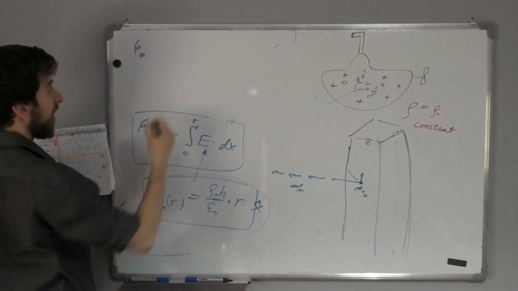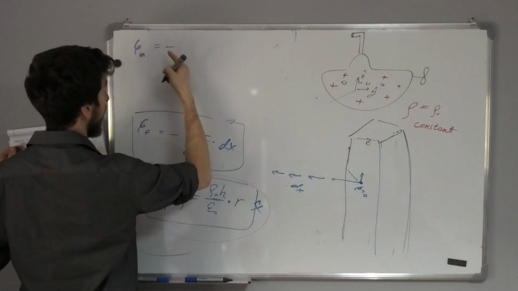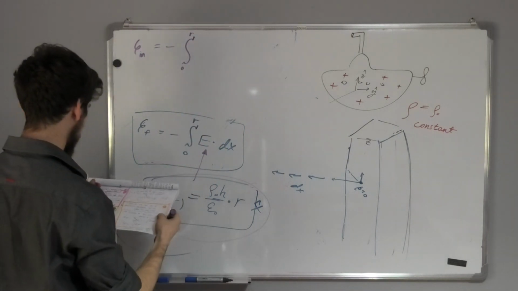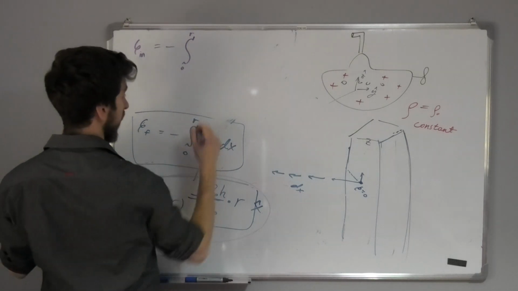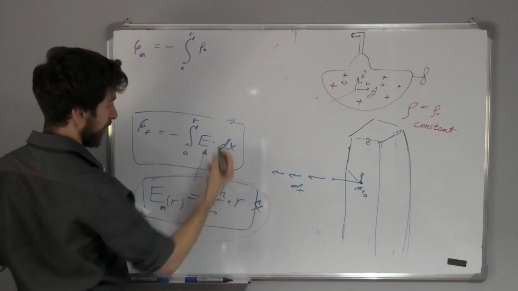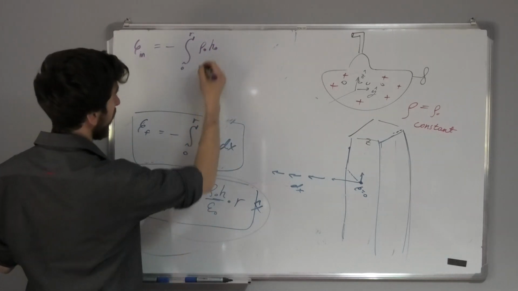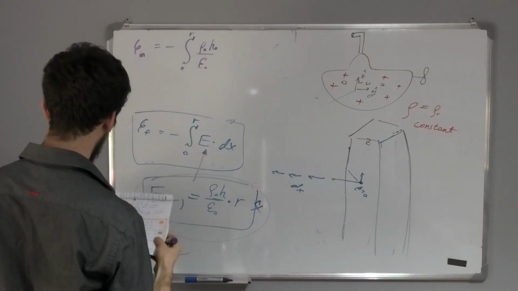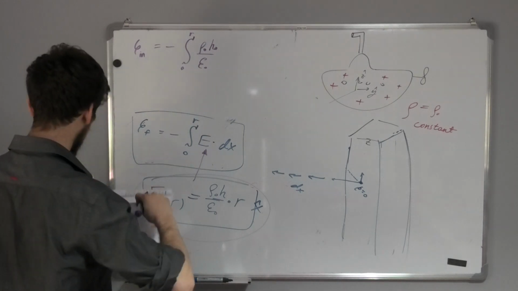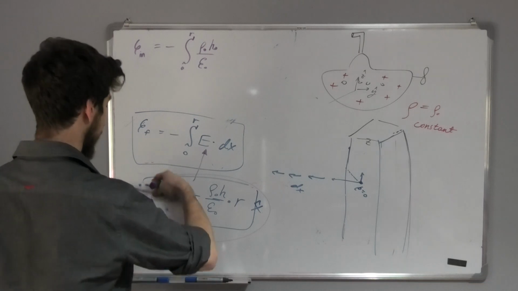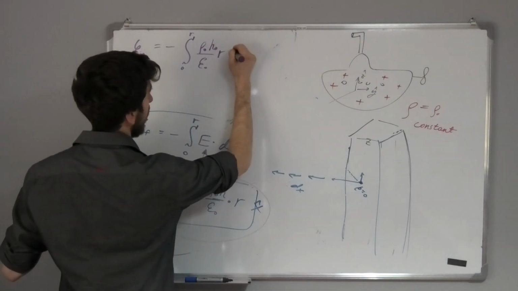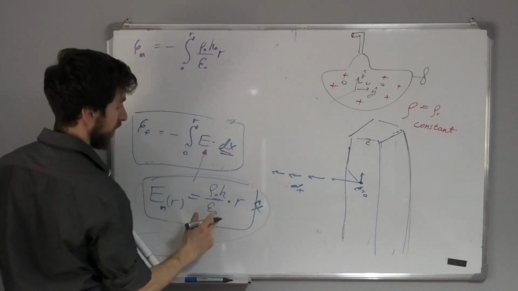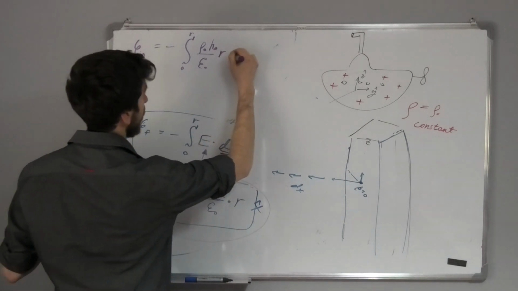Phi in, which means phi inside the wall, the potential inside the wall, is minus, don't forget this minus, the integral from 0 till some location R, of the electric field, epsilon, multiplied by R. Okay, if we change this to X, we're actually talking about location X. So this one, let's leave it as R, so it will be clear.